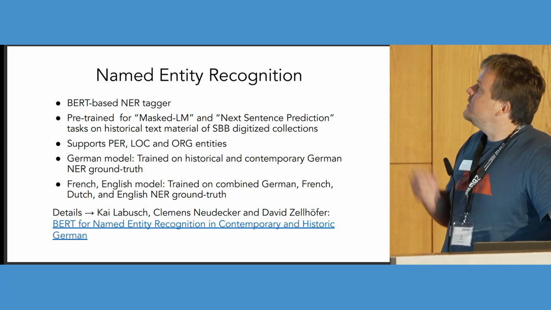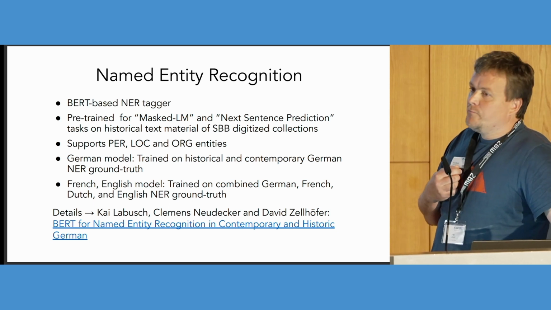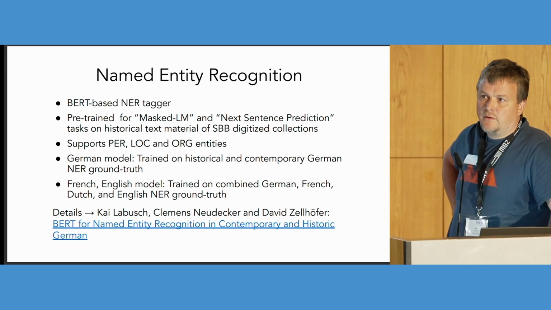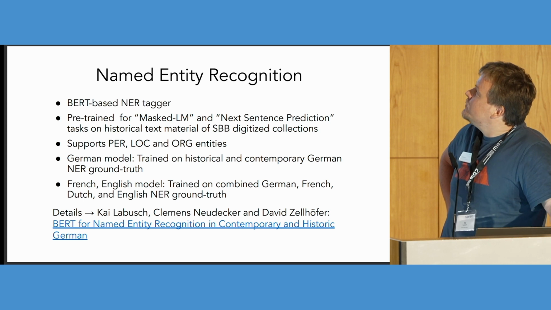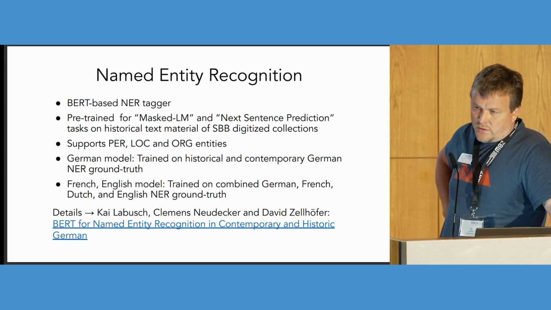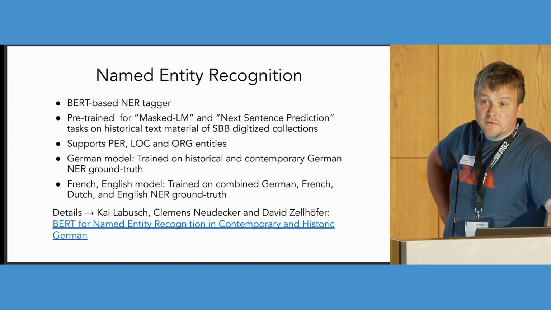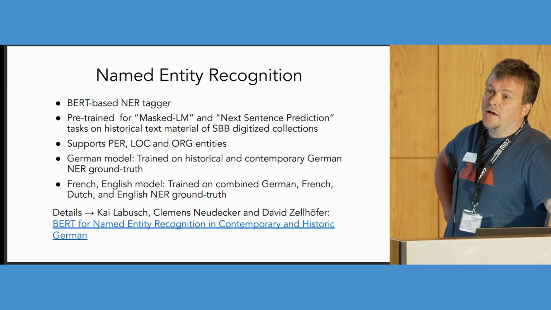And for this, we used a BERT-based NER tagger. We have our own model that has been pre-trained on the full text of our digitized collections, which is, on the one hand, historical text. For example, for German, we have Old German, which is pretty different from Standard German.